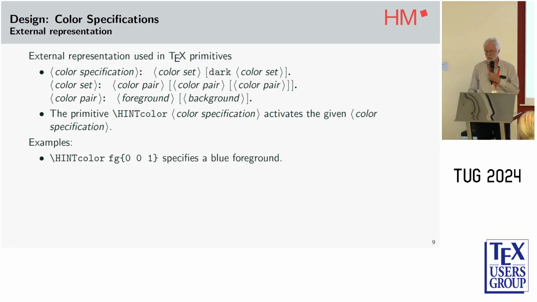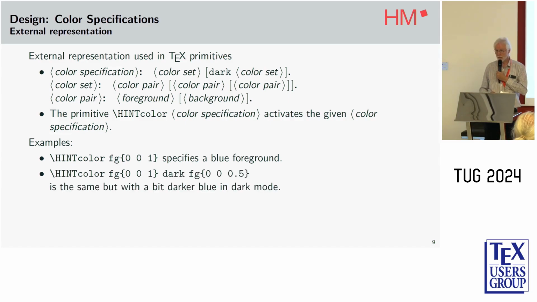Okay, for instance, you say hint color foreground 0 0 1, and from then on you have a blue foreground. You say hint color foreground 0 0 1 and dark 0 0 1.5. So you have blue text in day mode, and you have a slightly darker blue in the dark mode.